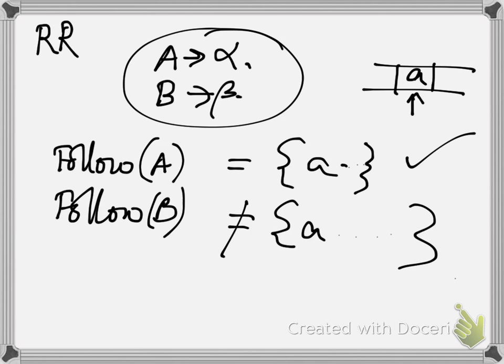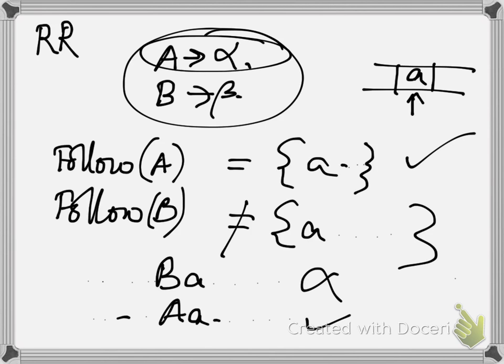I will not use the other, because in no sentential form will I get B followed by a. This is invalid. But because capital A can be followed by small a, this particular reduction is valid.